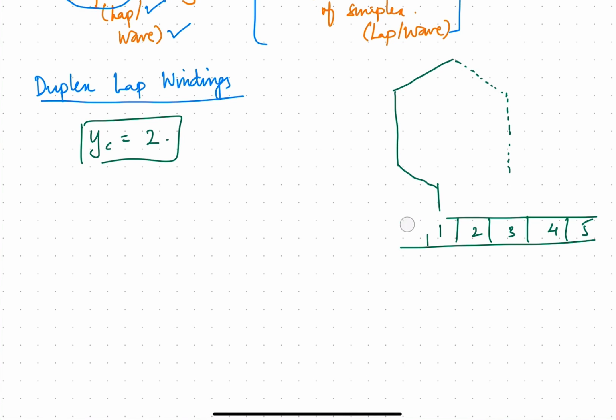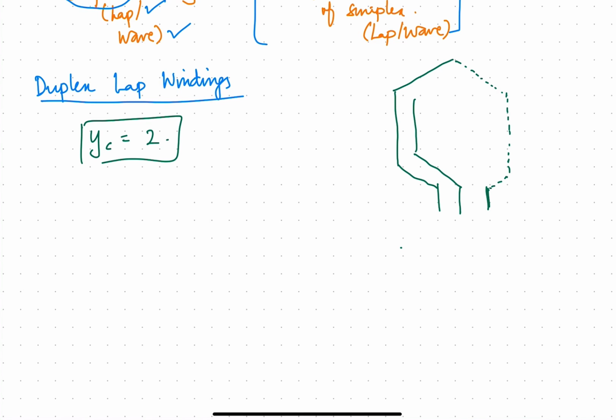Let me just redraw the winding and draw the winding only first. And this is the second winding, second coil side. And this is the third coil side.